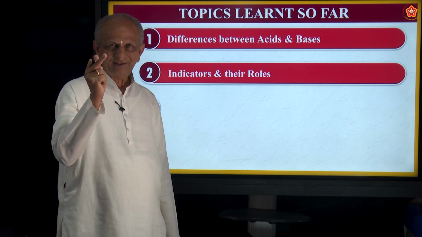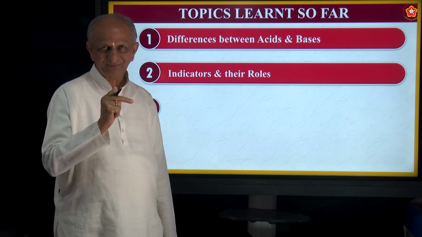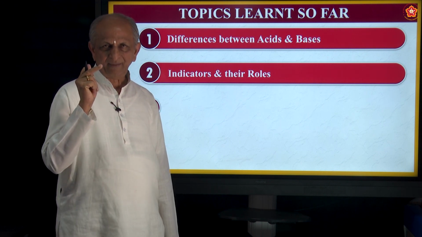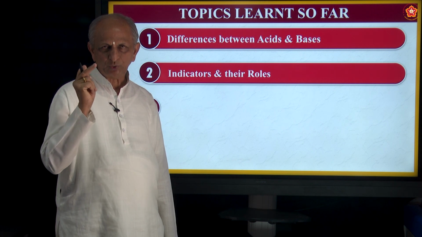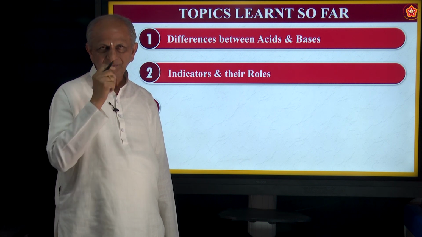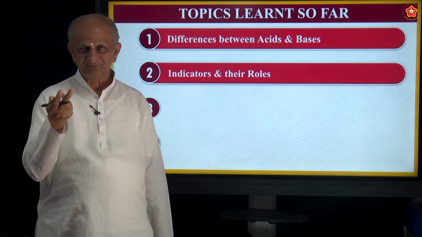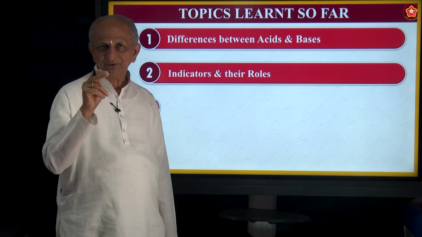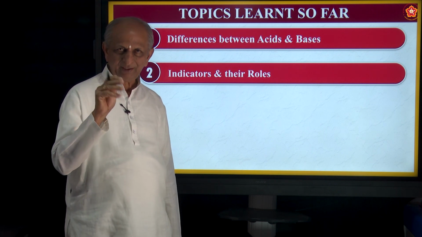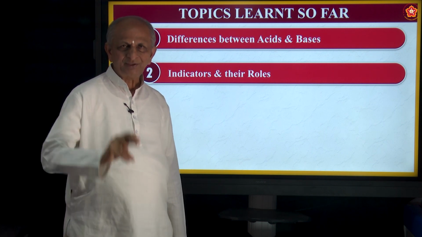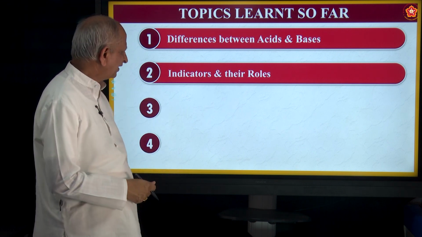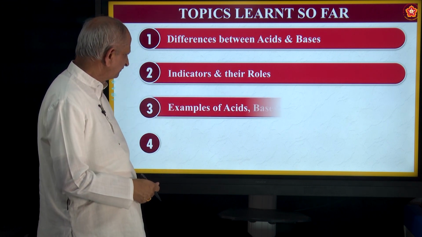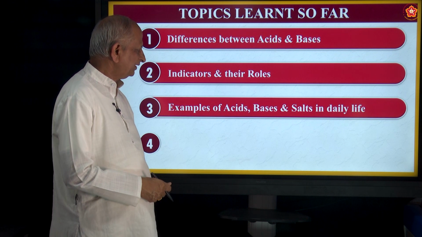Yes, it is litmus. If you add a blue litmus solution to acid, it becomes red. If you add a red litmus solution to base, it becomes blue. So, that is how the indicators are made use of. Okay. And also we have seen in daily life.